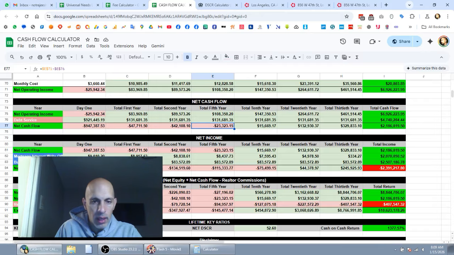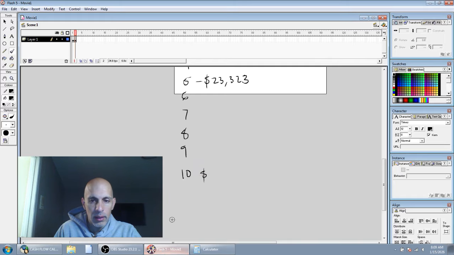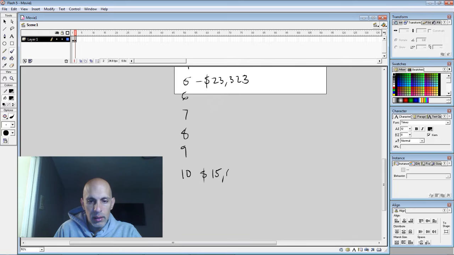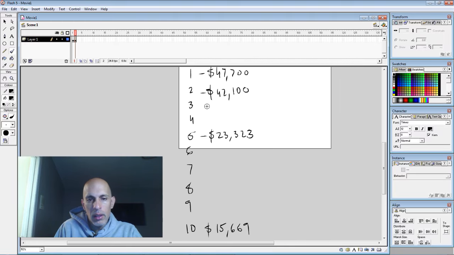And then year 10, we're looking at 15,669. So somewhere between here and here, the cash flow turns positive. So let's see, this is going down at roughly 5,600.